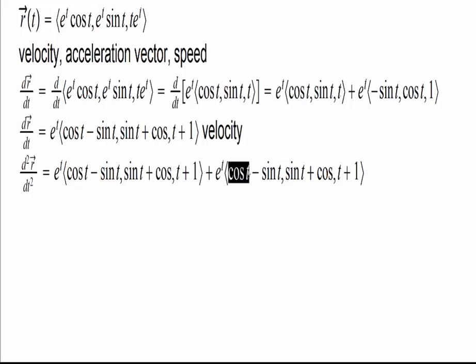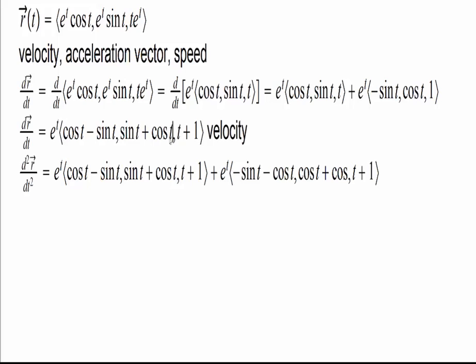Cosine t becomes negative sine t, sine t becomes cosine t, and then I have a typo here, I apologize, t and t here. The derivative here is simply 1. So this is my acceleration vector.